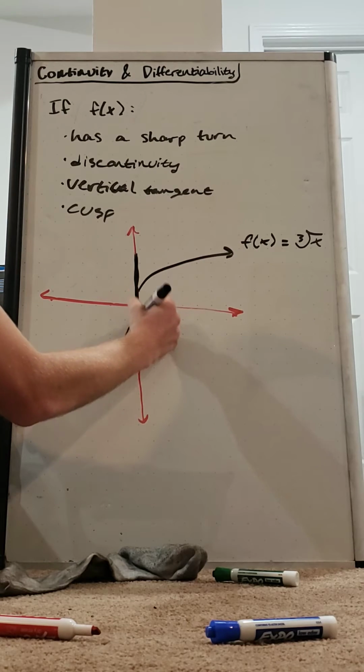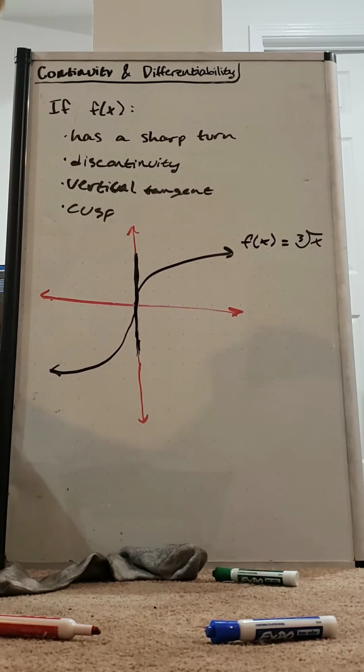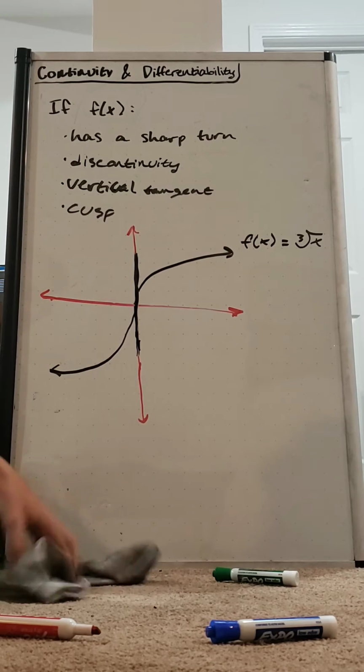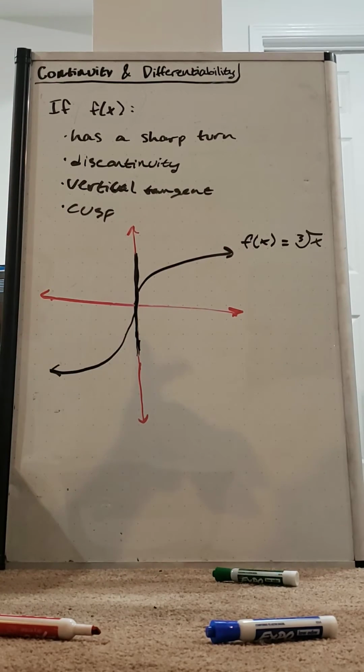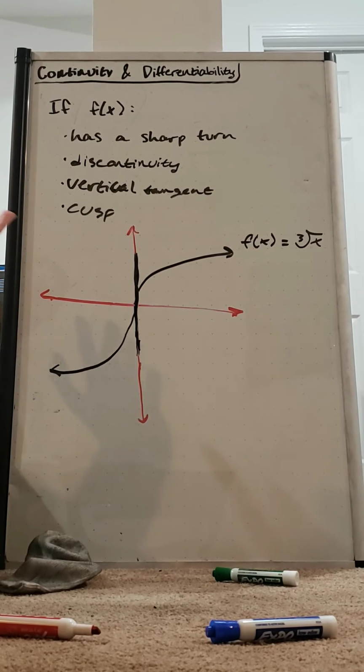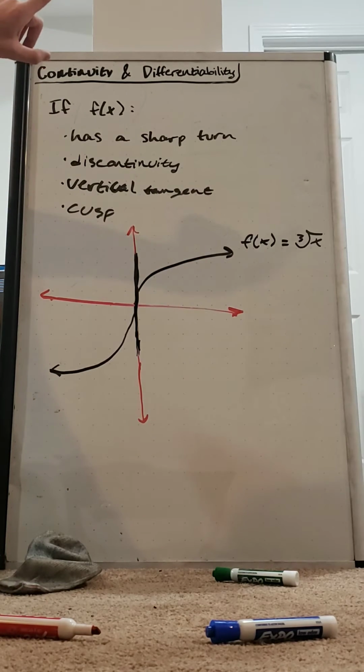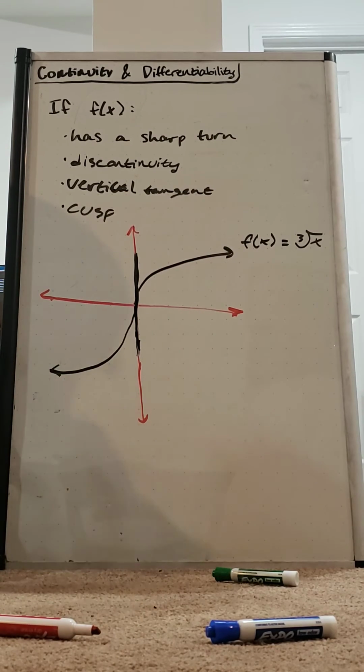Slope means derivative, so the derivative at that point is undefined, which means it's not differentiable. So we've covered that if it has a sharp turn, it's not differentiable. If it's discontinuous, it's not differentiable. And if it's a vertical tangent, it's also not differentiable.